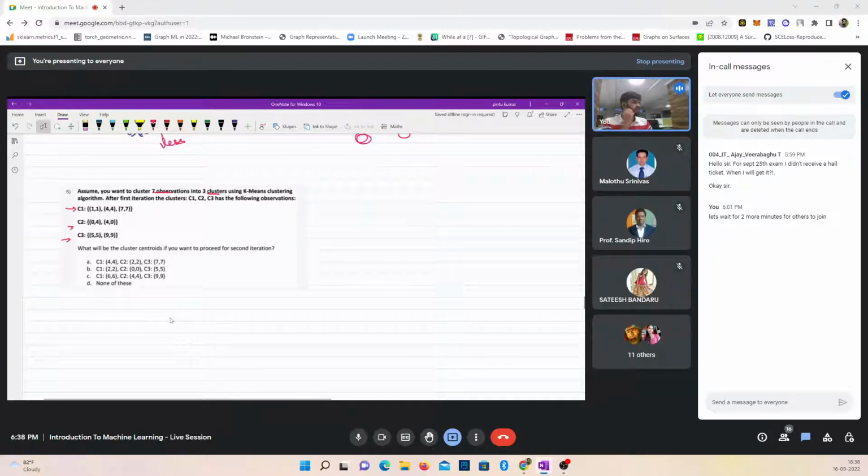Does anyone want to attempt this? Can you please type it in the chat box? We are given clusters and we want to find the cluster centroids, your mu1, mu2, mu3 that I mentioned in my notation. Can you please tell me what values you are getting?